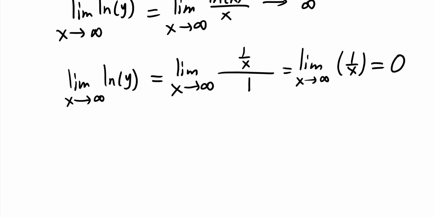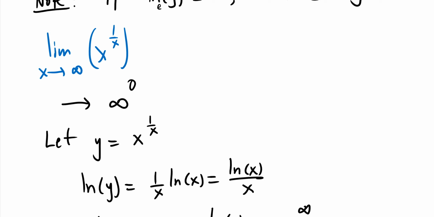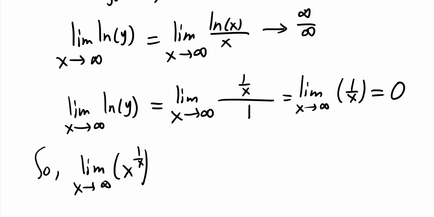It's not. We would like to find the limit of y. See, because this is y, but I didn't do y. I found the limit of ln of y. Do you see that? So I'm trying to find the limit one more time of x to the 1 over x as x approaches infinity. That's basically the same as the limit as x approaches infinity of y.